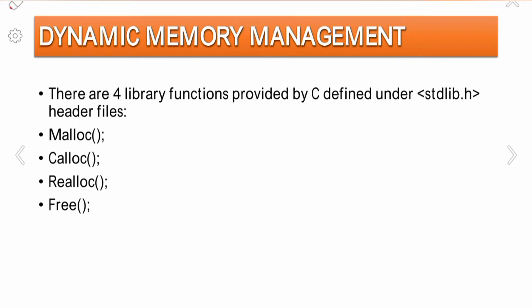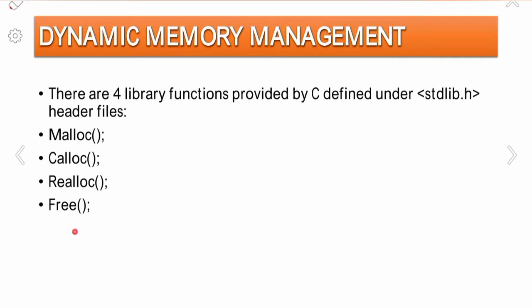In the case of malloc, we can use this function for structures, whereas calloc will be used for both arrays and structures. And realloc means we are going to modify already existing memory. Here some memory is allocated using calloc or malloc, and we are going to reallocate, that means increase the size of the already allocated memory.